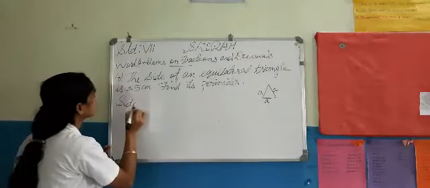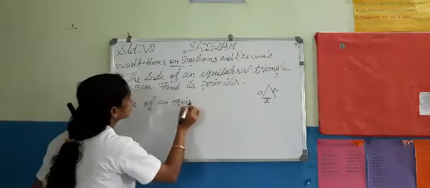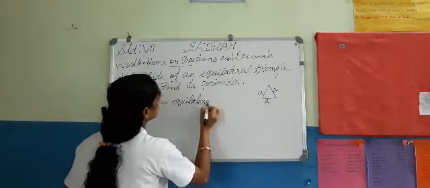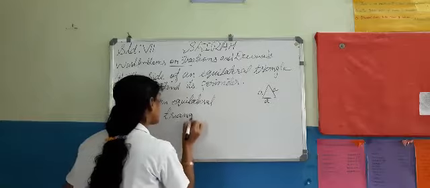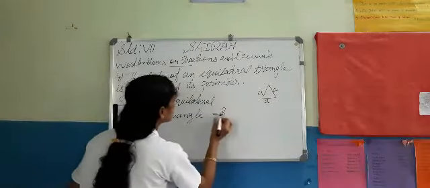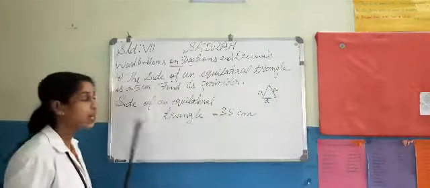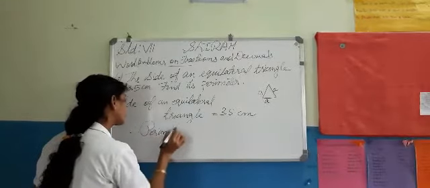Side of an equilateral triangle is equal to 3.5 centimeter. One side is given. We want to find its perimeter.